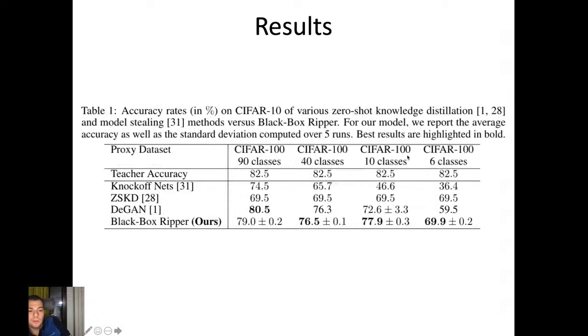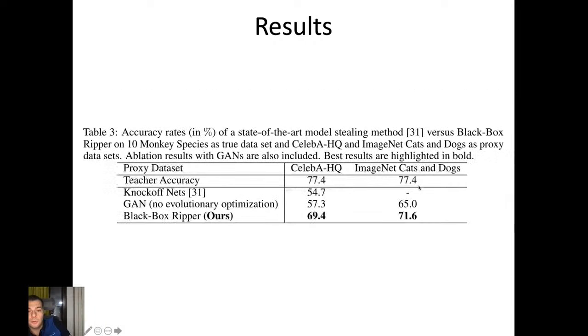You see in general that the results are lower, but in many cases they are quite close to the target. These are results with 2 data sets as proxy, images of faces and images of cats and dogs, and here the target was the 10 monkey species data set.